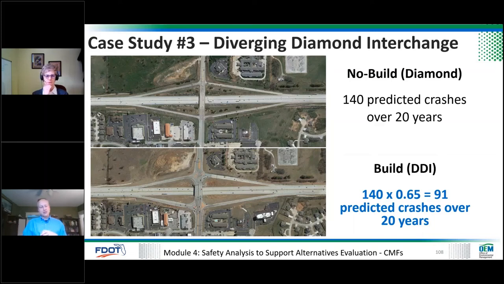And there are situations where you can predict something, and then you have to use a CMF with historical data for something else. Sometimes, due to limitations of the prediction equations, they don't apply to a facility that you're going to study. There's no equation for it. Up until recently, that was the issue with one-way streets and 6-lane arterials.